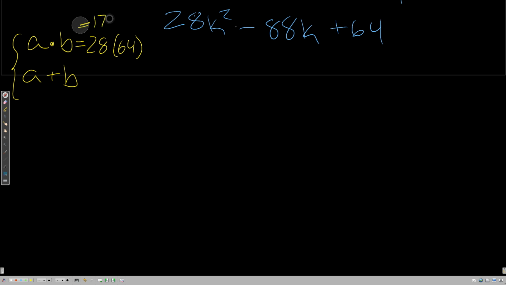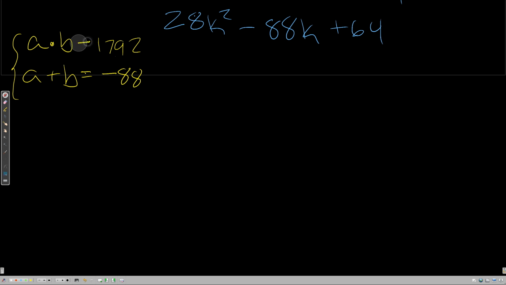This is 1792. It came from the 28 and the 64. The A plus B is a negative number, negative 88. It comes from this right here. I'm going to save a little room here and say that this is 1792.